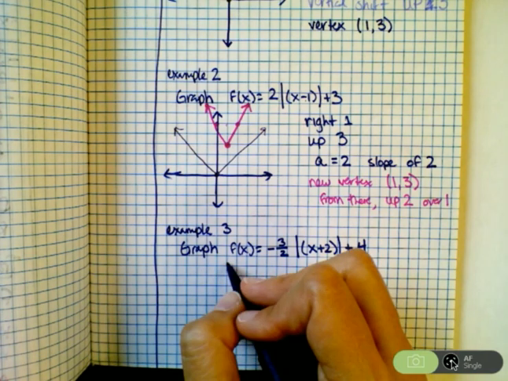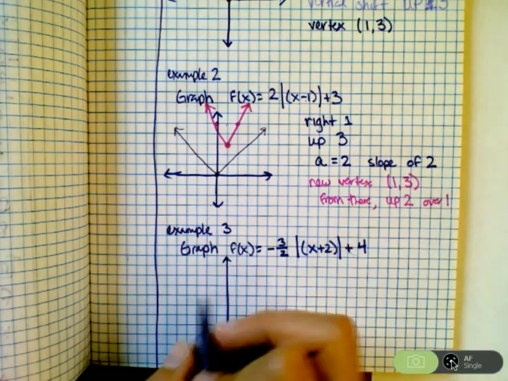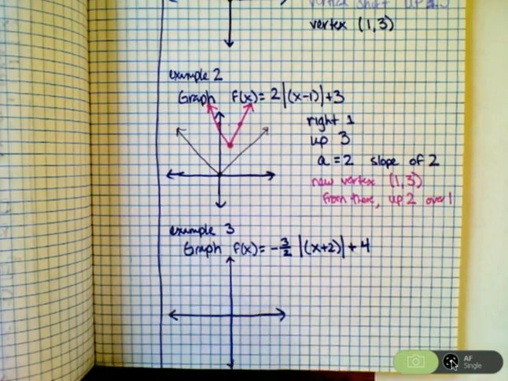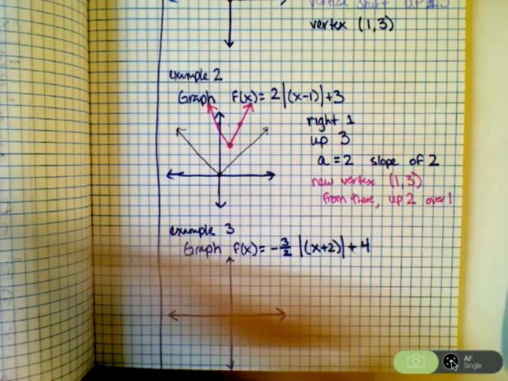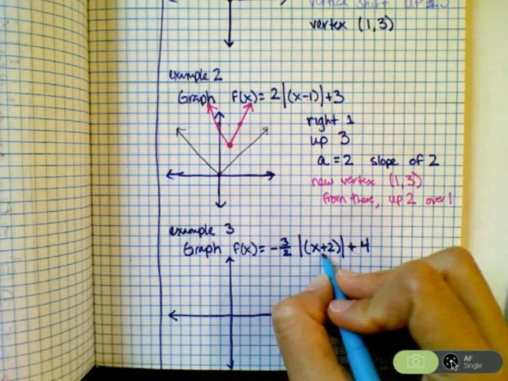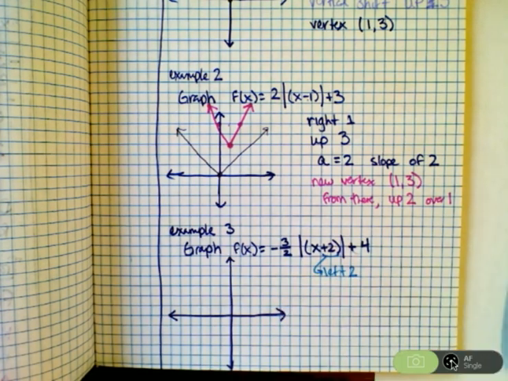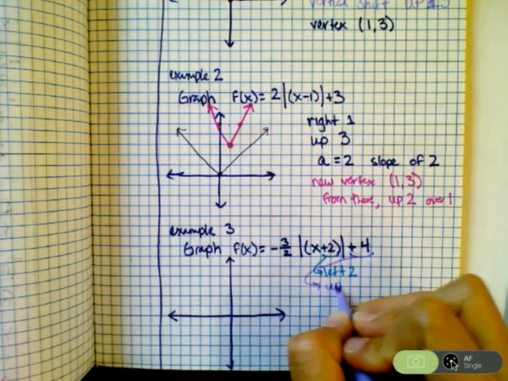So let's get a little grid built, and I hope I gave myself enough space here to do this. I'm going to do my best. So again, when I look at this, the plus 2 tells me to go left 2. The plus 4 tells me to go up 4.